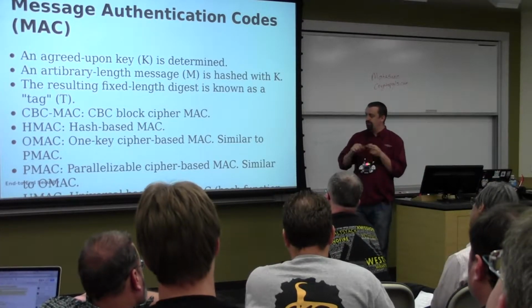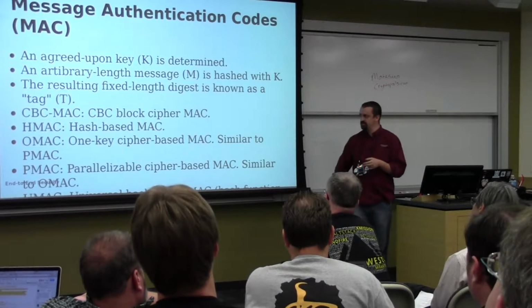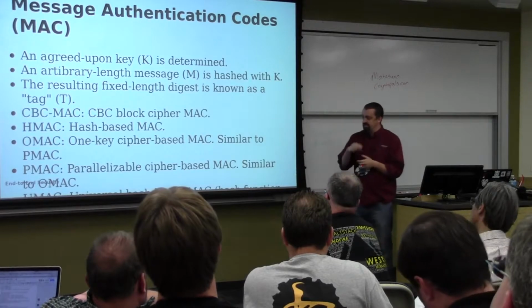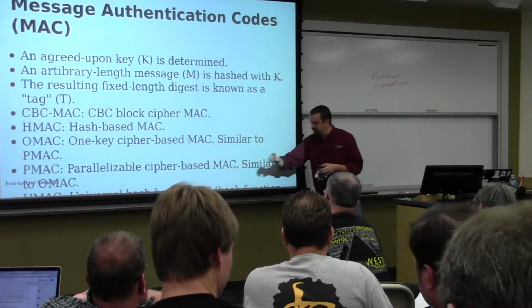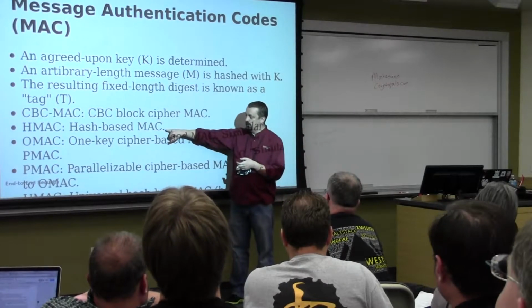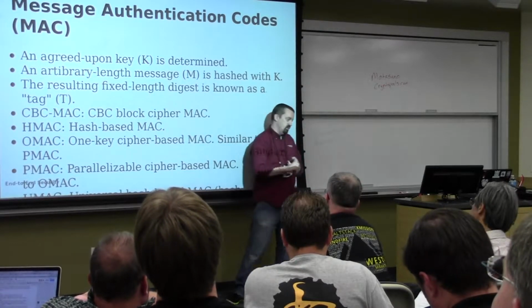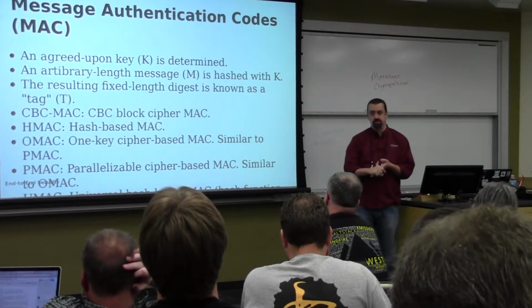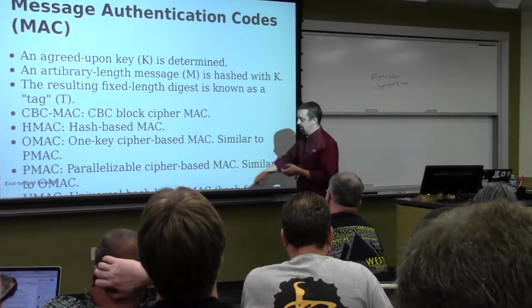So we have a number of different MAC algorithms, and they're all listed way off the screen. Unfortunately, the one is off here on the slide. The two that I think are probably the most interesting are HMAC, which is a hash-based MAC. This is what uses SHA-1, SHA-256, SHA-3.